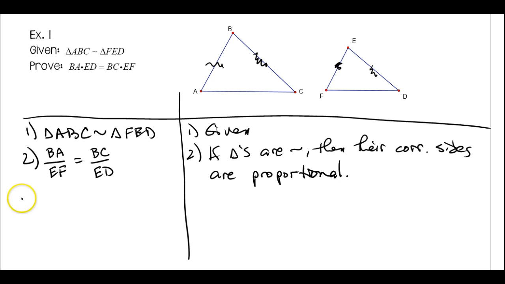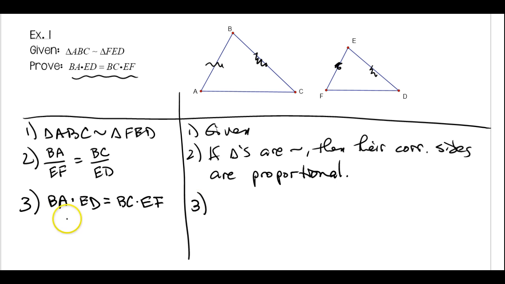Alright, and then from here, I can see if I cross multiply, I'm going to get what I want to prove over here. So I've got BA, cross multiplying BA times ED is equal to BC times EF. What I ended up with in step 3 are products.